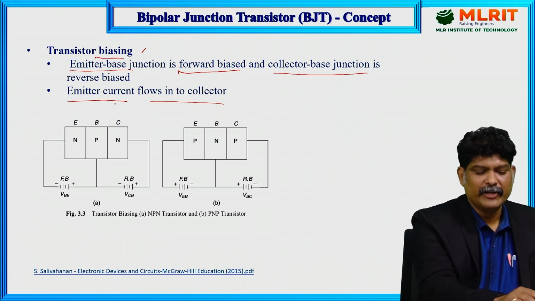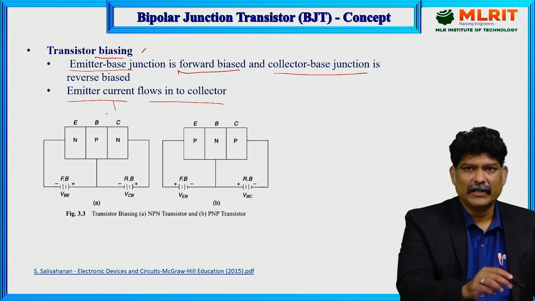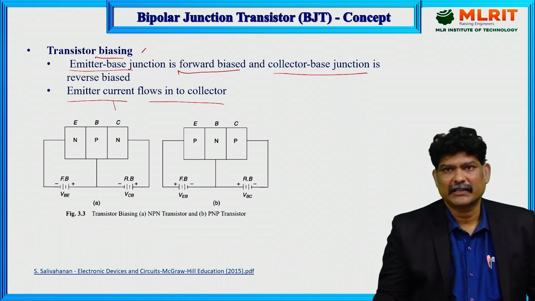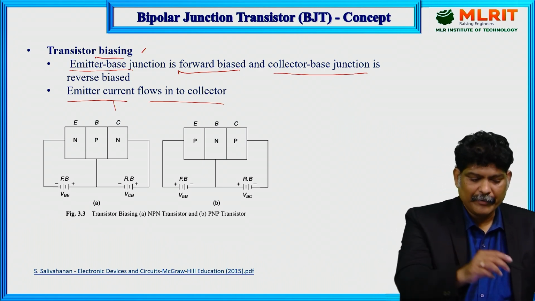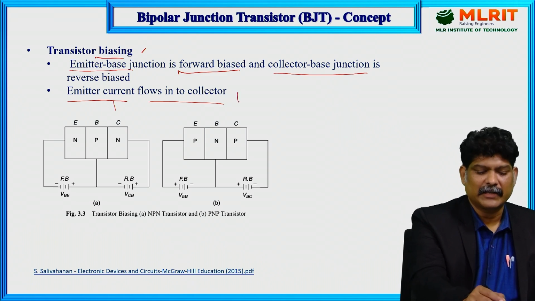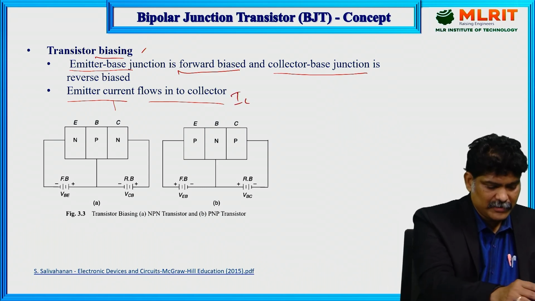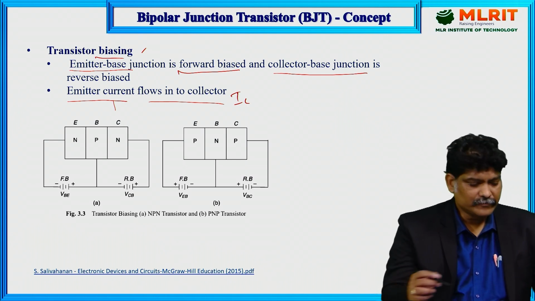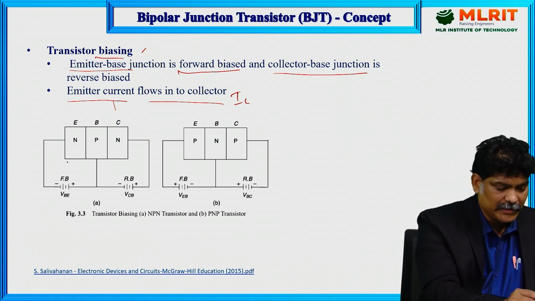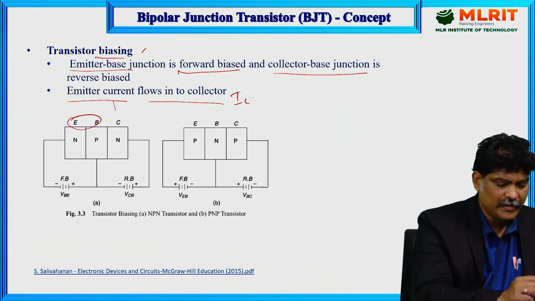Emitter current means input side, so input current will flow through the collector side. So emitter current is flowing as a collector current, IC. Okay, if you observe the biasing, emitter side, that is the emitter base junction, means this one. This is the voltage between these two, VBE you can say.